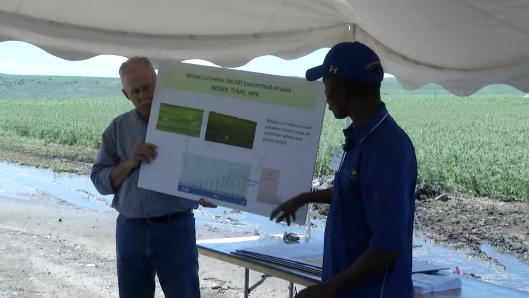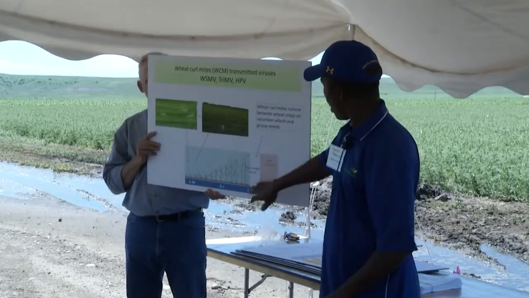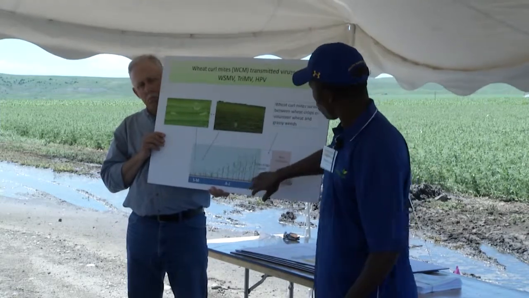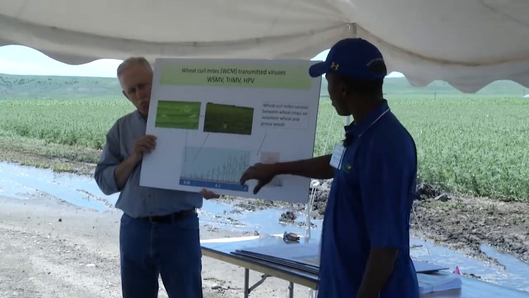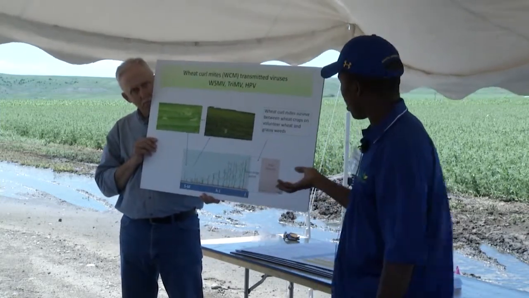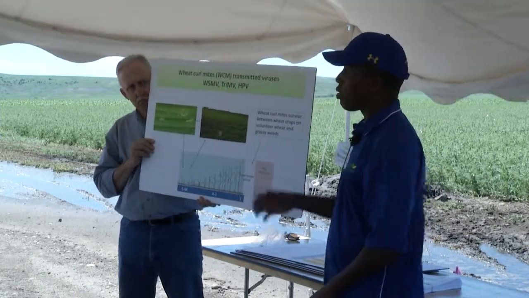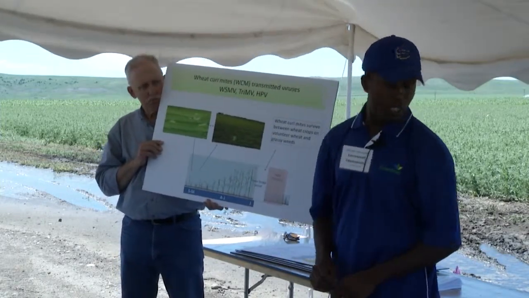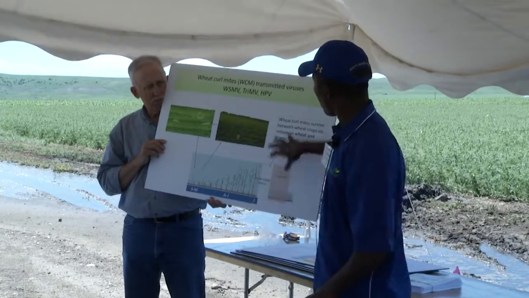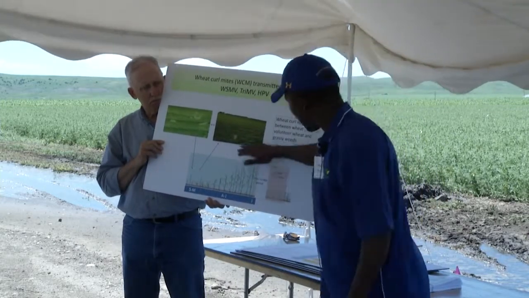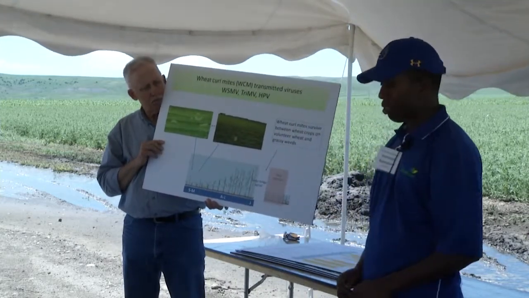The volunteer wheat and the grassy weeds would be the hosts where the virus and the mites can survive. So one really good way to control these viruses is to eliminate the green bridge.